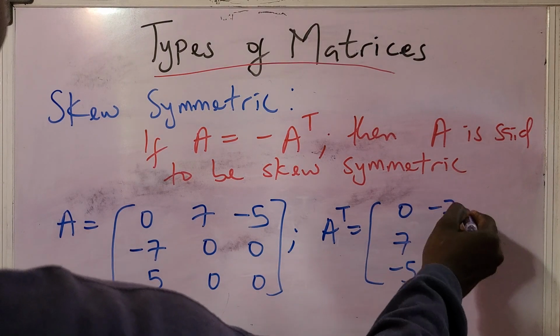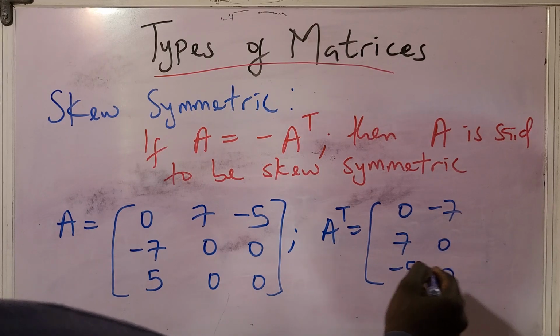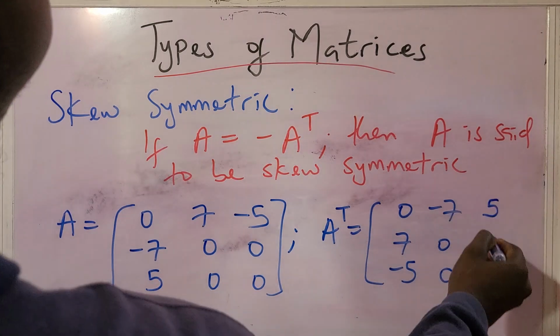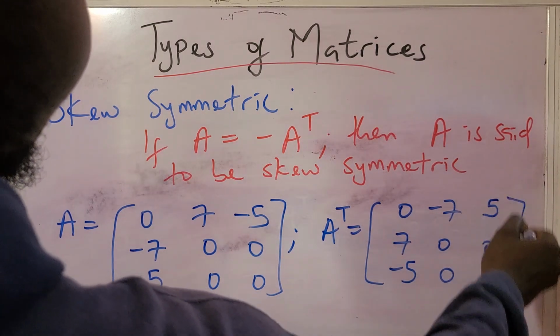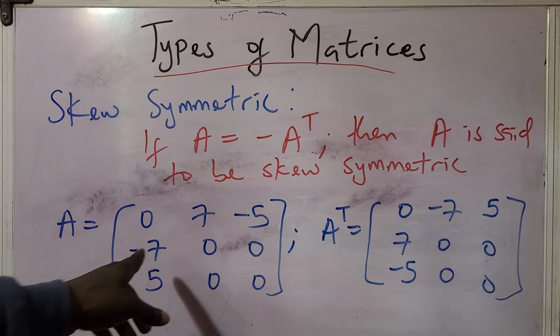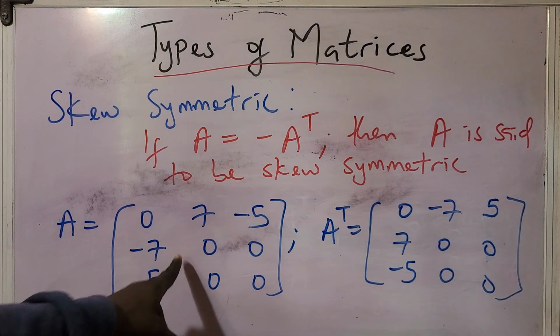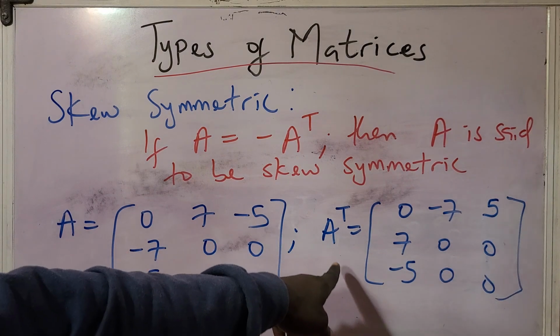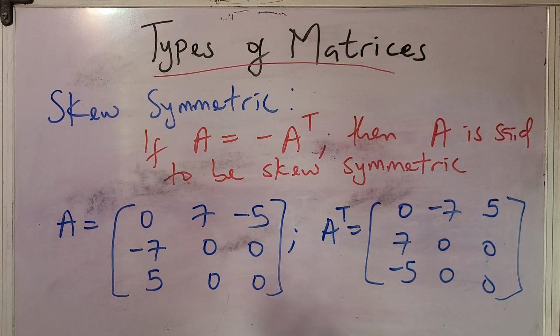We have minus 7, 0, 0. We have 5, 0, 0. Now, if you look at this, this is not exactly A. So obviously, A is not equal to A transpose. So that means you can't call this matrix A symmetric.